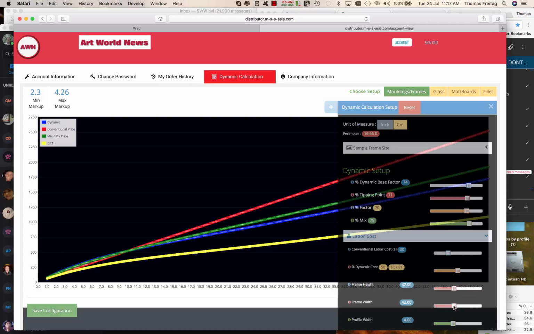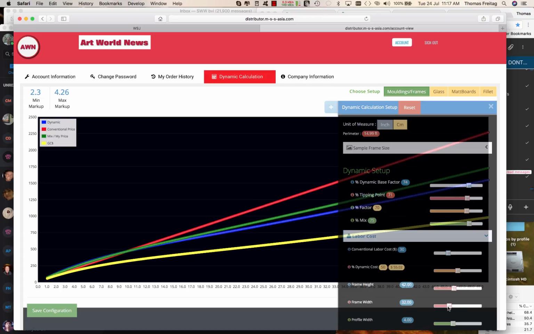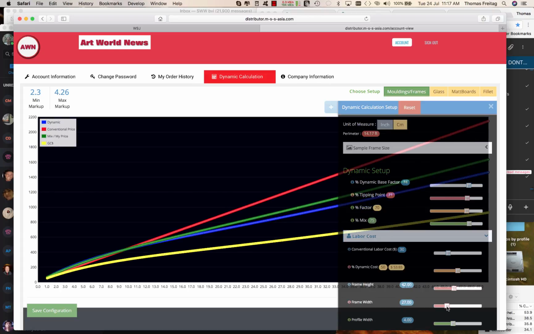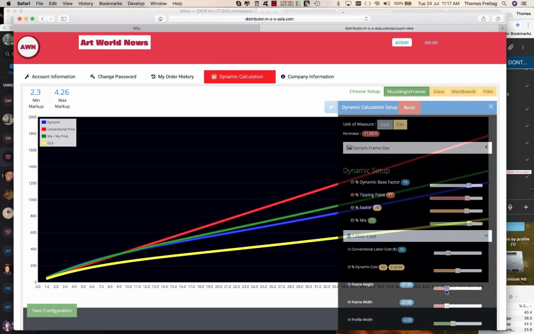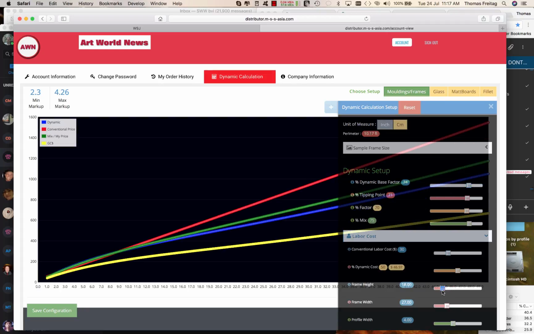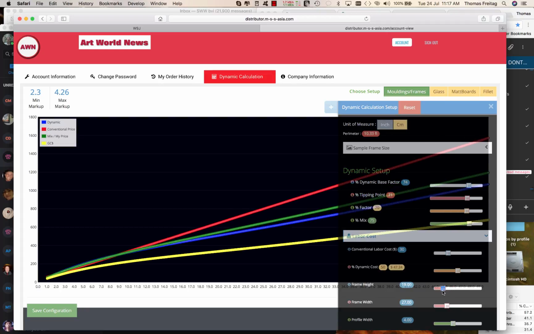We believe that this gives a much more realistic costing if you add the dynamic labor cost to your calculation.